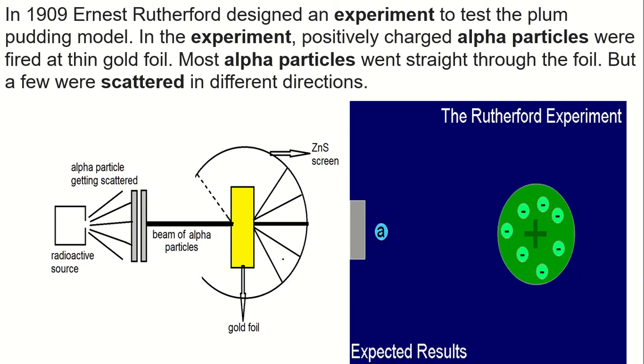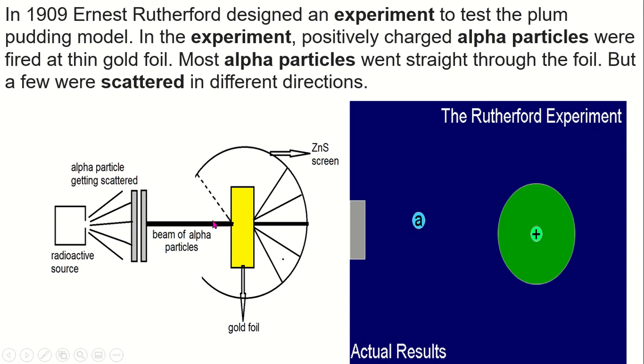Most went straight as if they were going through open space. A few, about 1 out of 20,000, went making an angle of more than 90 degrees, as if they were obstructed by a heavy nucleus.